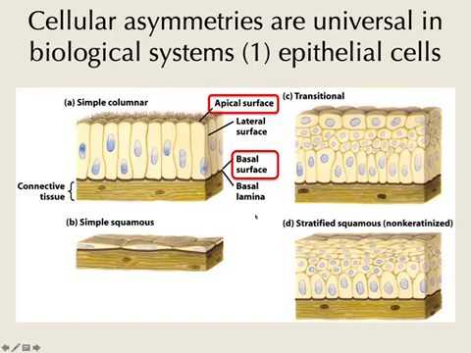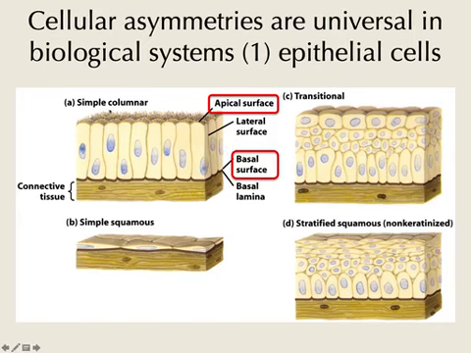So here, to start illustrating this concept of cellular polarities and cellular asymmetries, the two terms are used in somewhat synonymous ways, right? The first example here are epithelial cells, and we've talked about those. And I've emphasized how there's an apical surface.